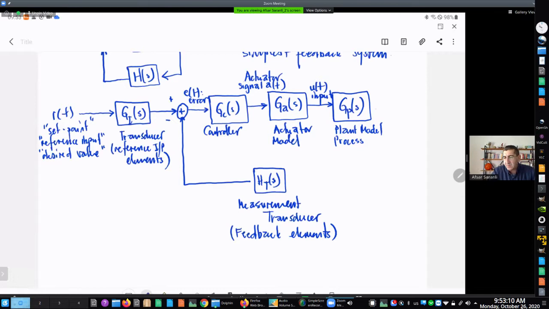Now here we often include another signal which we will call the disturbance signal, D of t, the disturbance. In fact, a disturbance signal can be present anywhere in the system. This particular location is pretty common.